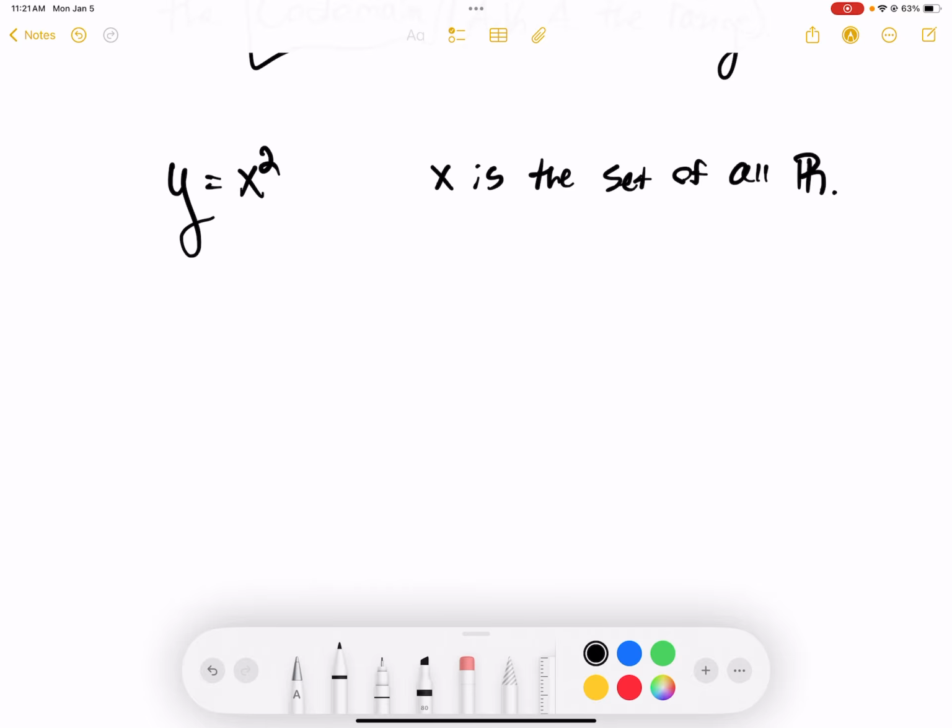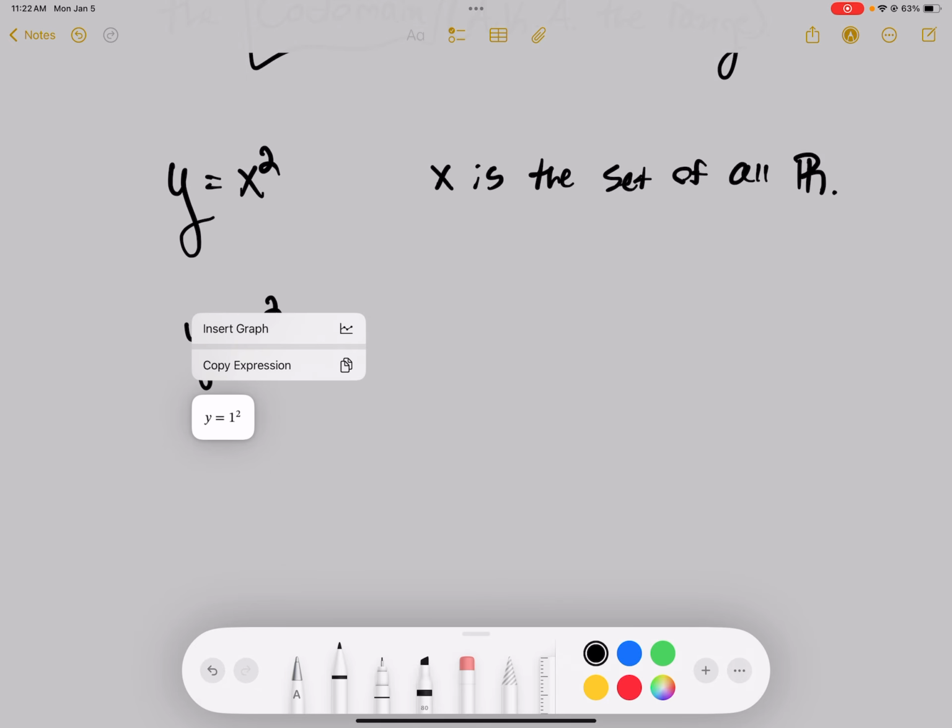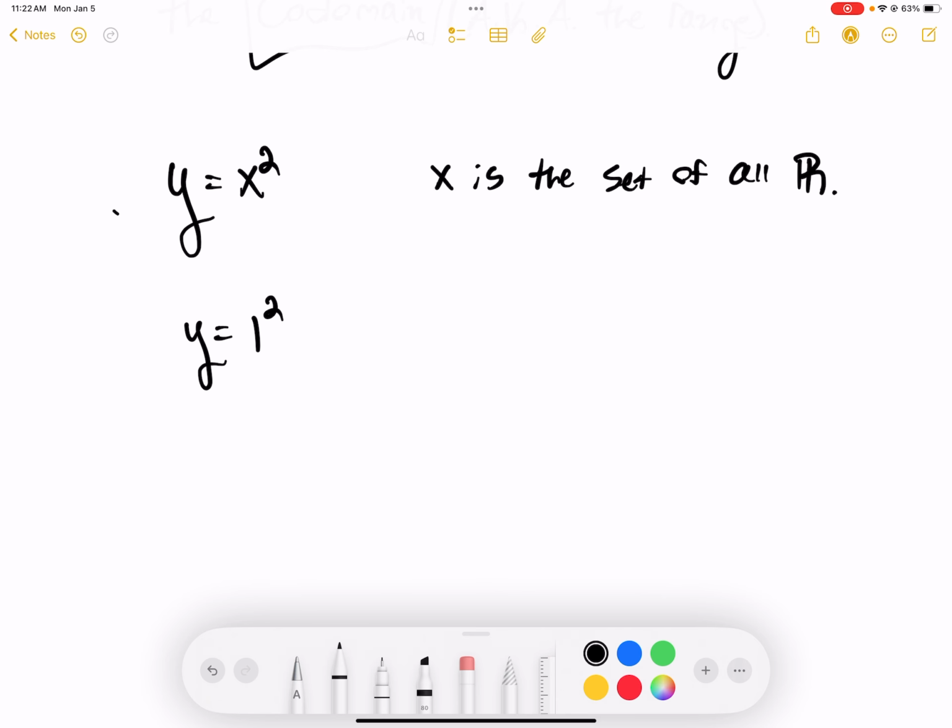So let's explore this mathematical relationship between inputs and outputs. Let's say my input is 1. If my input is 1, then I have y equals 1 squared, and y is just equal to 1 because 1 squared equals 1.